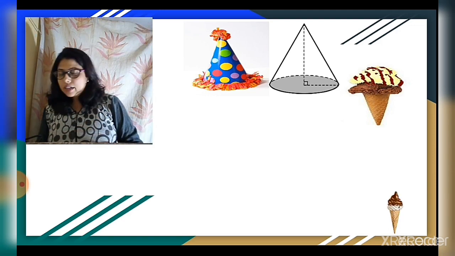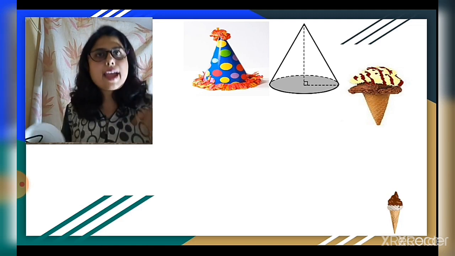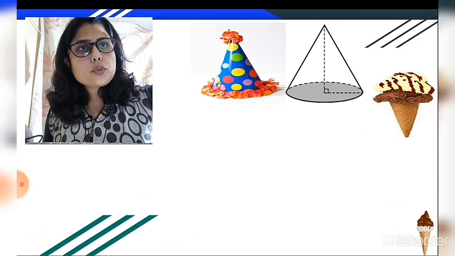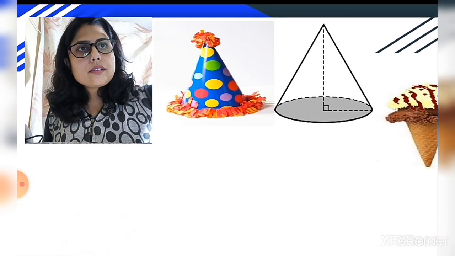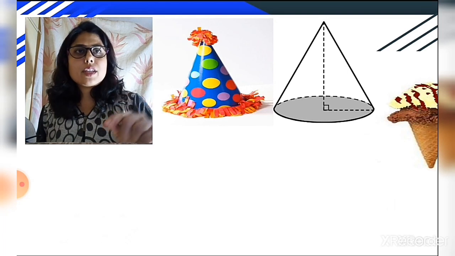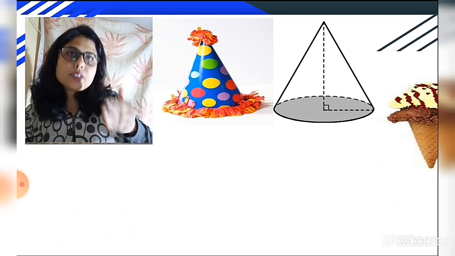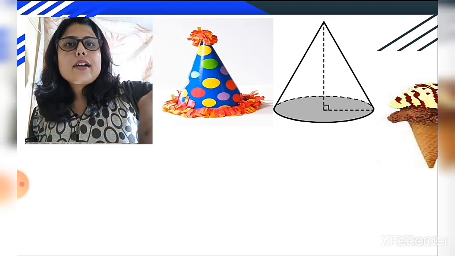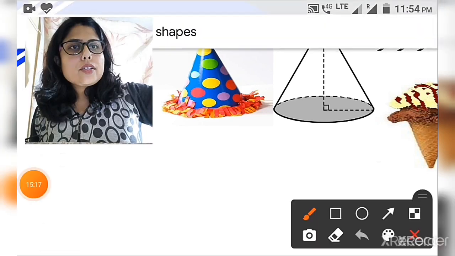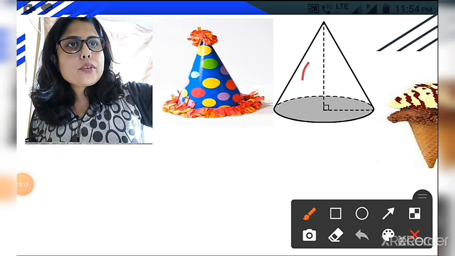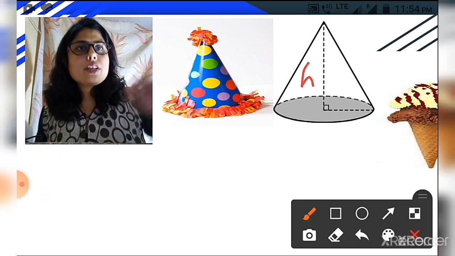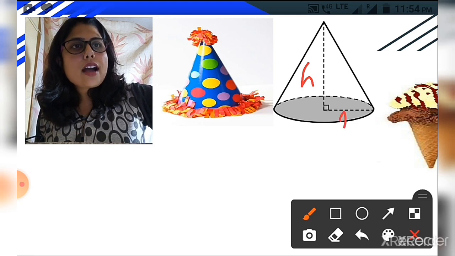Let's talk about its dimensions. As you can see on the slide, I am trying to zoom in. Here you can see the diagram of a cone. Here one perpendicular line you can see, that is called the height. I'm writing here, this is h, and this is r.